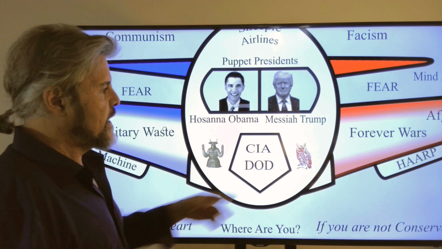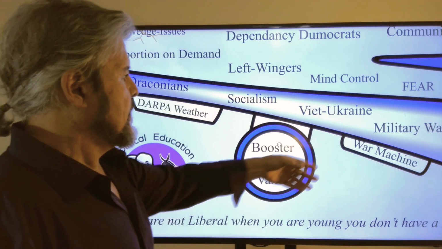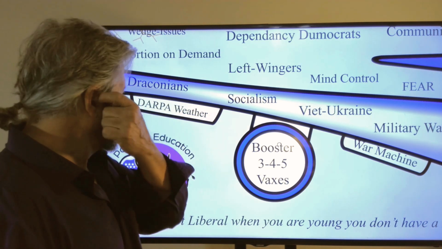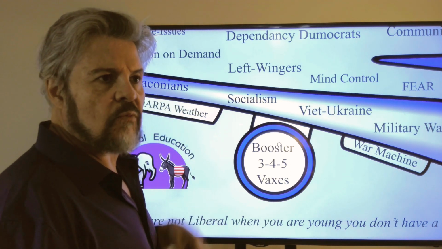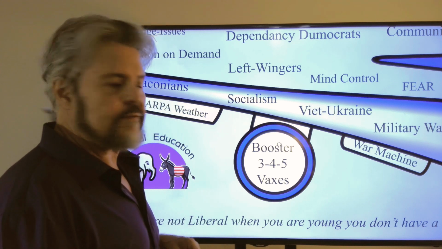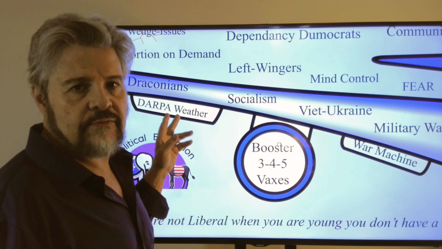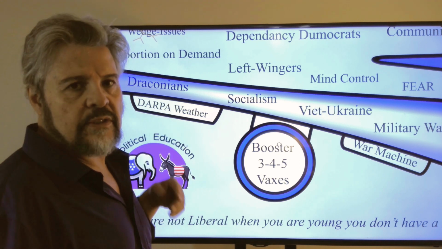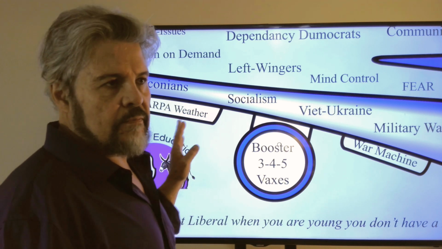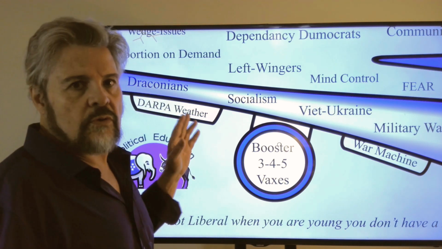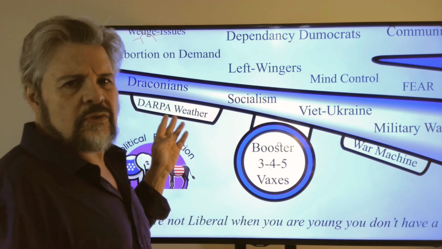Okay, military waste, forever wars. Let's keep going. You've got the war machine, both the left and the right. As long as there's a plant or a military base in my district, I want all the money going to the defense budget. Okay? DARPA, they've known how to control weather for 50 years. You think a lot of these events are just made by the earth and global warming, the Green New Steel?